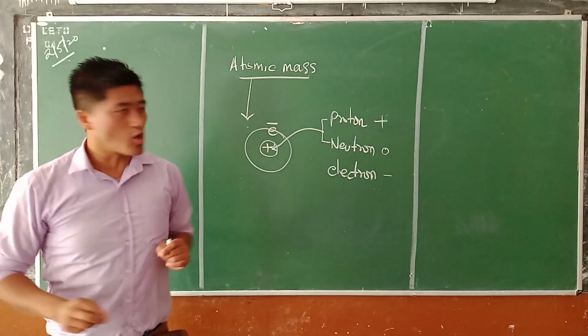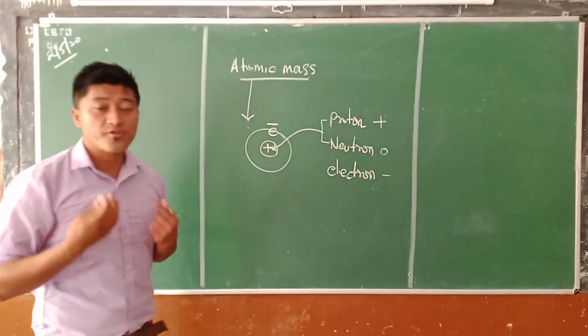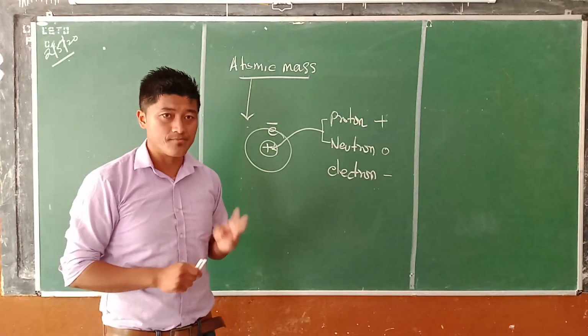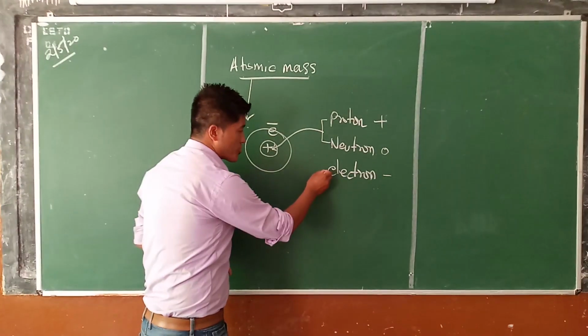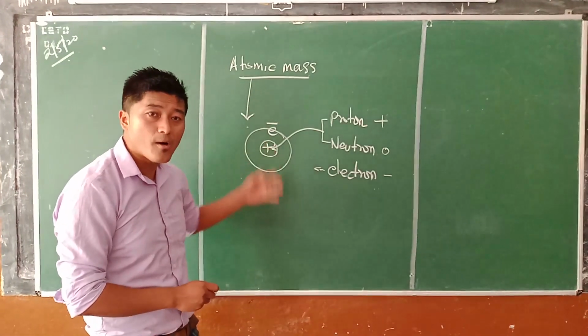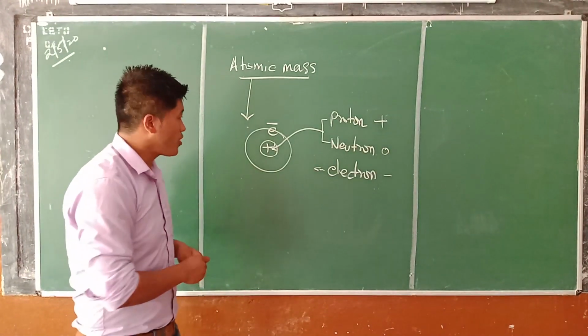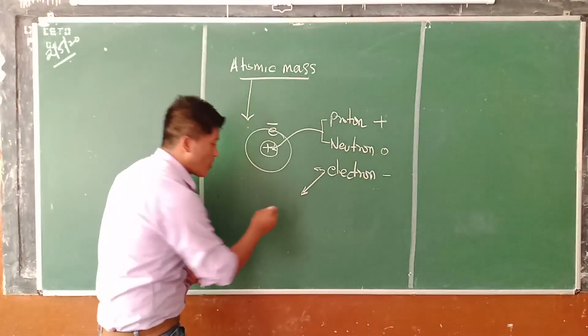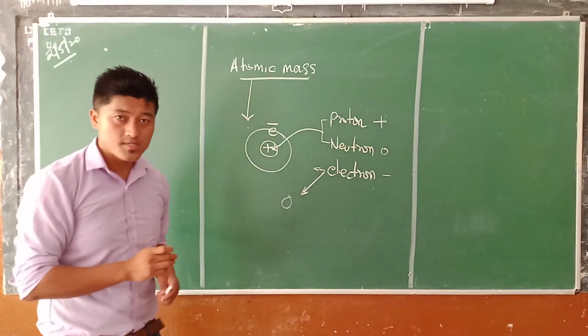Now, whenever we talk about atomic mass, it is important to know that there are three different subatomic particles in an atom. But when you talk about the electron, it doesn't matter how many electrons are present, because their mass is negligible, close to 0. Is that clear?